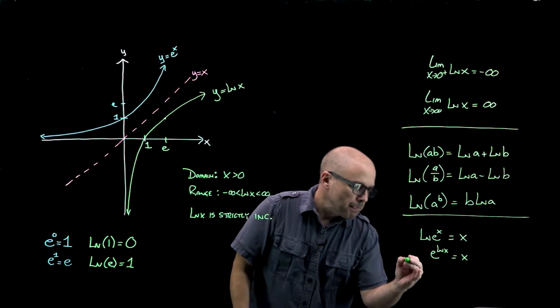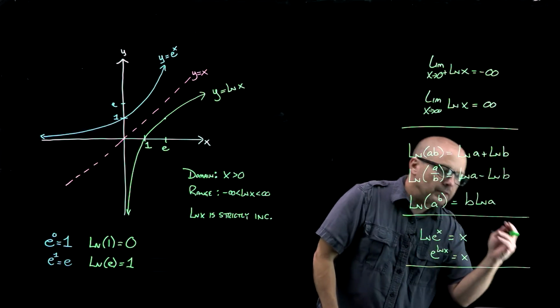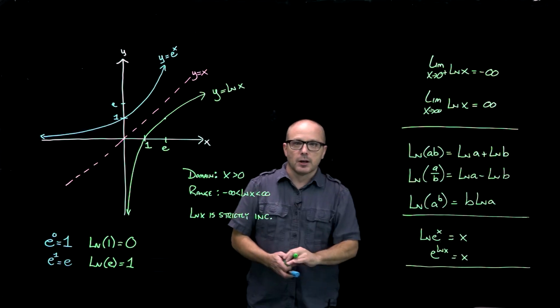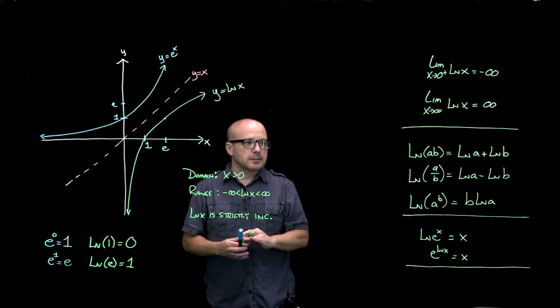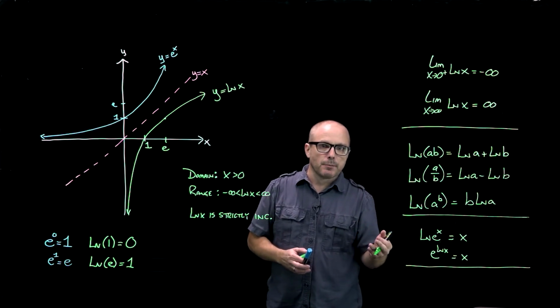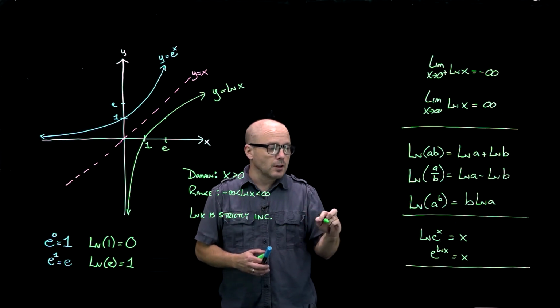Lastly, we pretty much focus on the natural log, but if you do end up with a log of a different base, you can always change it into natural log.